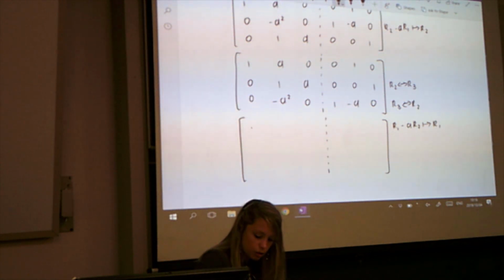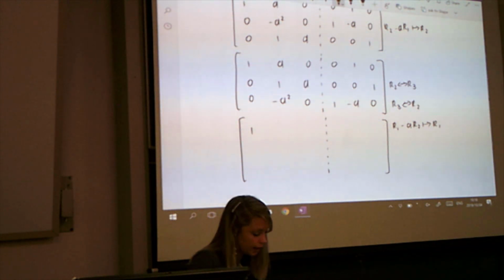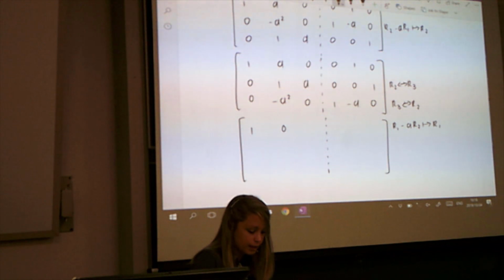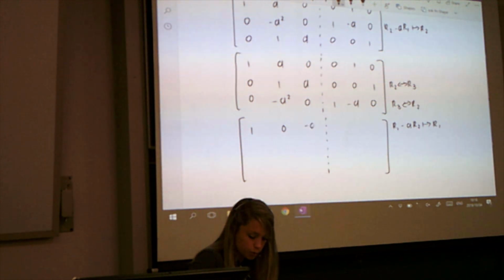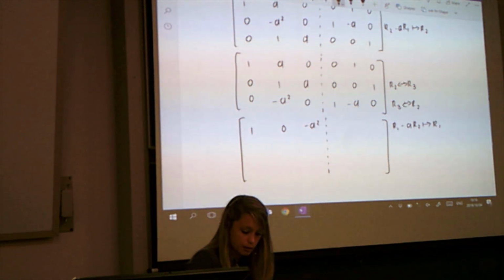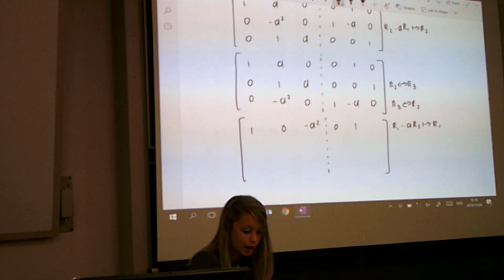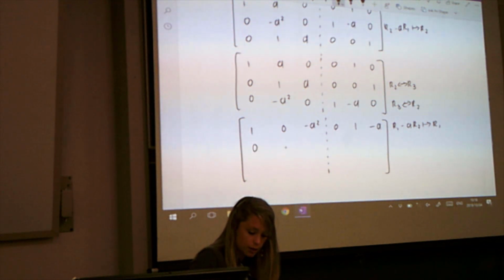That's going to be 1, and then we have A minus A, which is 0, and then we have 0 minus A squared, so it's minus A squared. Then we have 0 minus 0, which is 0, 1 minus 0, which is 1, and then we have 0 minus 1 times A, so it's minus A. In my second row, I'm leaving it as it is.